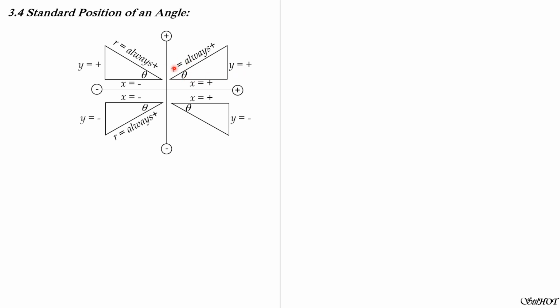Remember also that the sine of an angle and the sine of its supplement are equal. So sine 30 and sine 150 are both 1/2. Cosine of 30 degrees is positive square root of 3 over 2, while cosine of 150 degrees is negative square root of 3 over 2 because x is negative in the second quadrant. So that's the use of this reference angle.